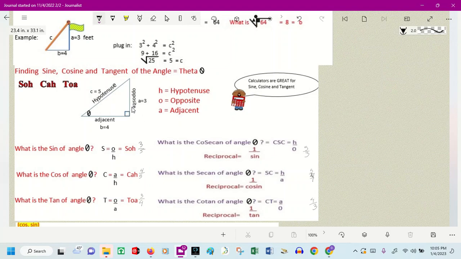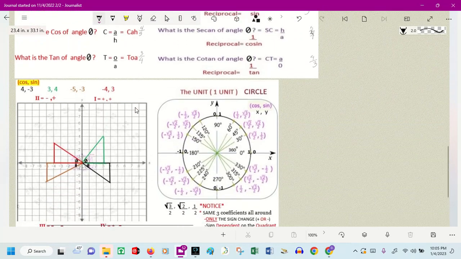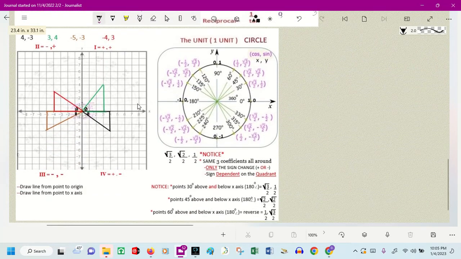So with that being said, you're also at the same time taught that they're usually giving you 1 point. And you're usually told to find the sine, cosine, tangent, cosecant, secant, and cotangent with 1 point, because it is just that simple.